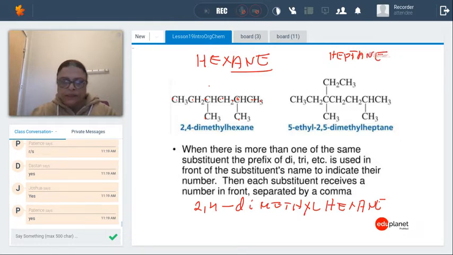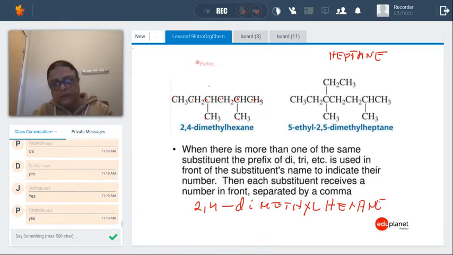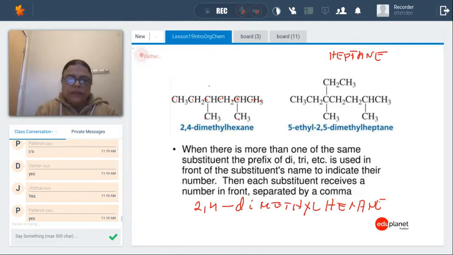Heptane. Why is it heptane and not heptene? It is because we don't have a double bond. We don't have a triple bond. This is an alkane. Okay, so now the question is, where do I start counting? Do I count from left to right or from right to left? Okay, let's see.